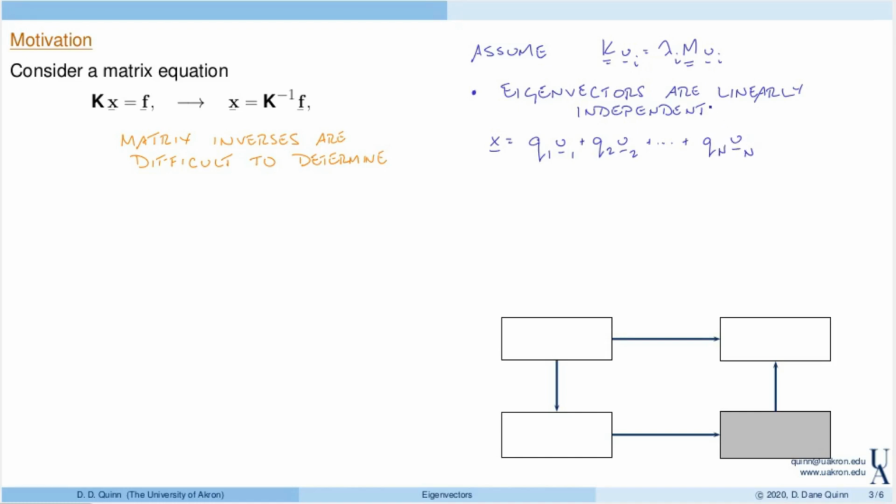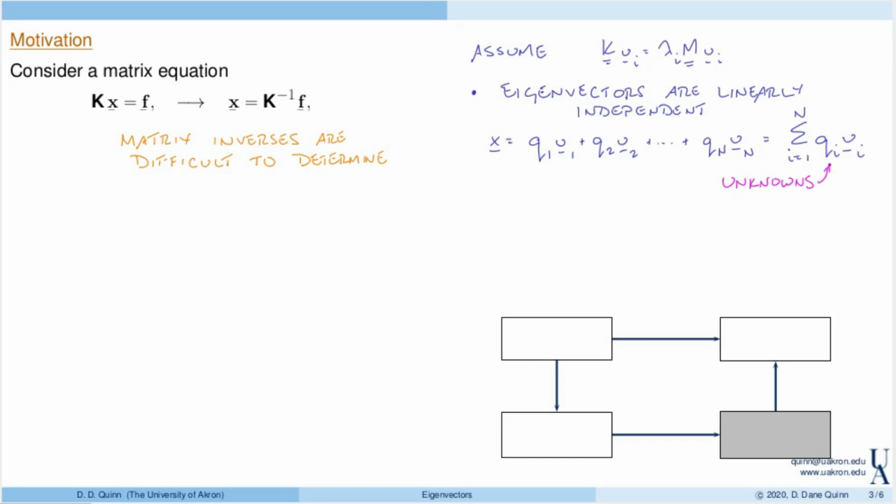So essentially I'm expressing this vector x, which is going to be the solution here, in terms of these known eigenvectors. And I can represent this compactly as the sum from i equals 1 to n of qi times ui. But now the unknown variables are the qi.